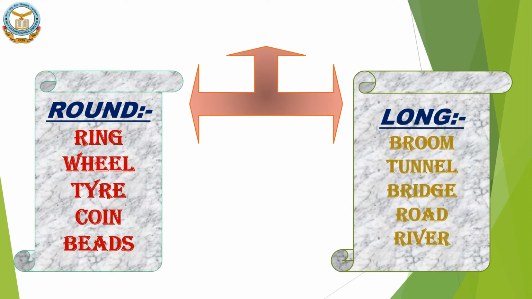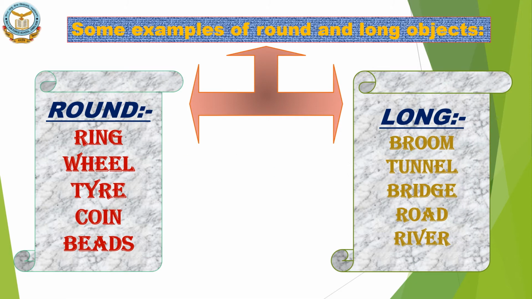I am sure that you understand the concept what is long and what is round. To better understand the concepts, let's have some examples of round and long objects. First, round objects. Some round objects are ring, wheel, tire, coin and beads.